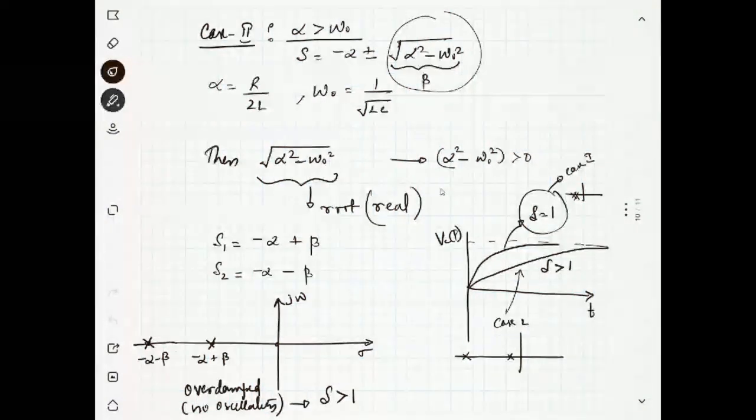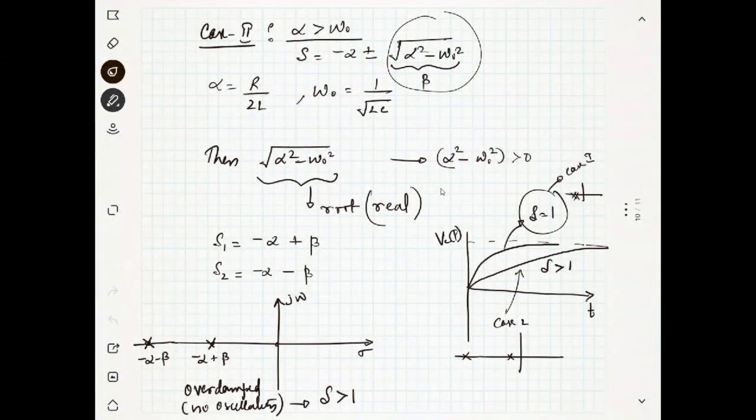Am I correct? Yes. But since many students didn't study automatic control, I am just talking about the general solution. Please don't forget about the other things.